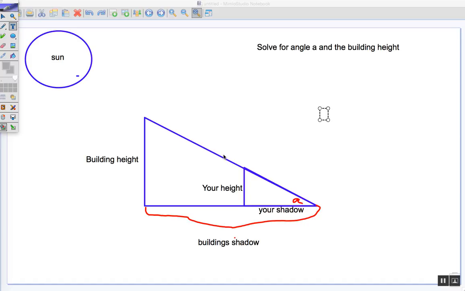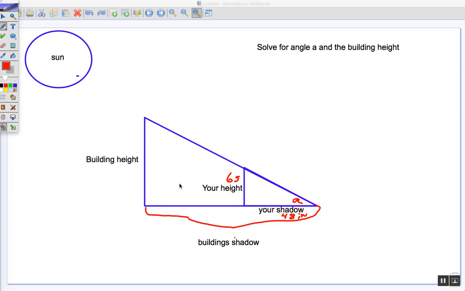So let's say that I went ahead and did this experiment. My height, I like to say I'm 5'5". So I'm going to express my height in inches. That would be 65 inches. So 65 inches tall. We're going to say my shadow is 48 inches.